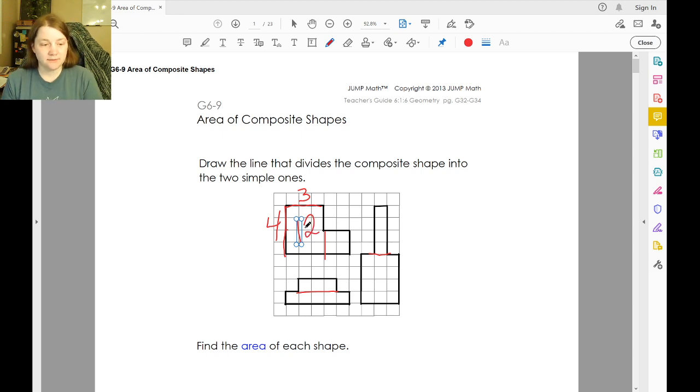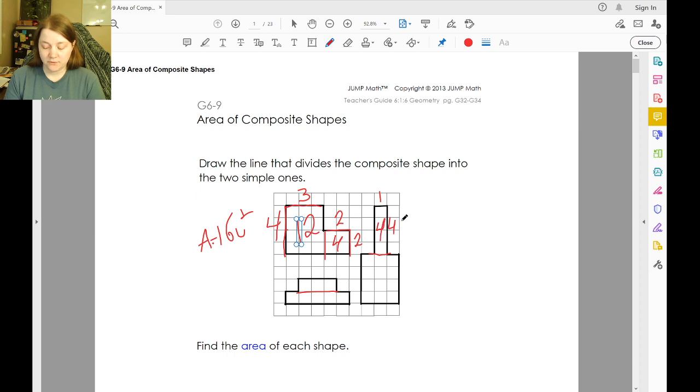So the area of this rectangle is 12. This rectangle measures 2 by 2. 2 times 2 is 4. This means that the area of the entire shape is 16 units squared.